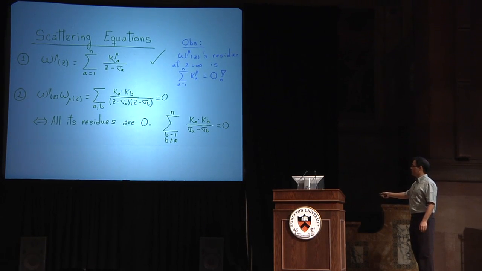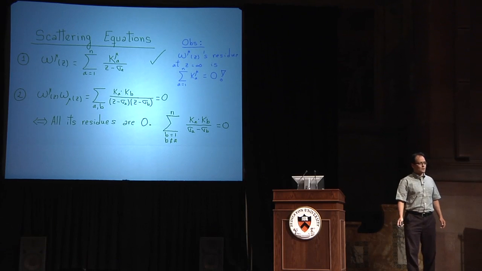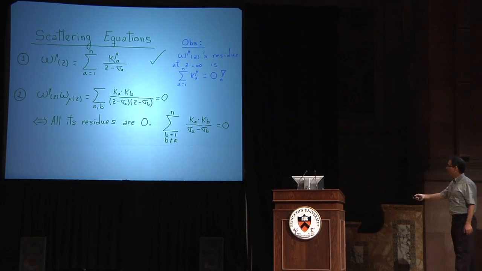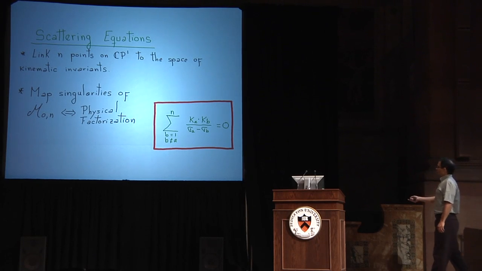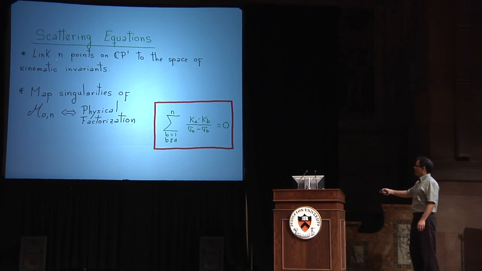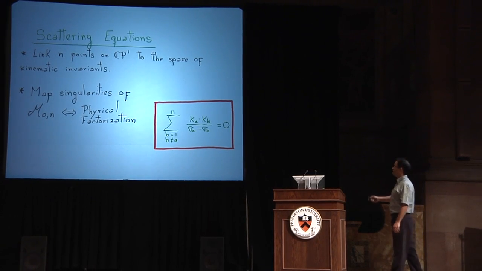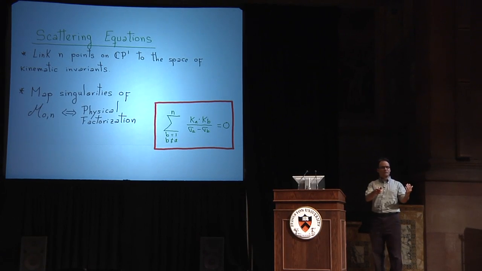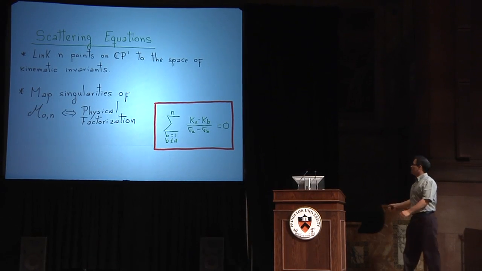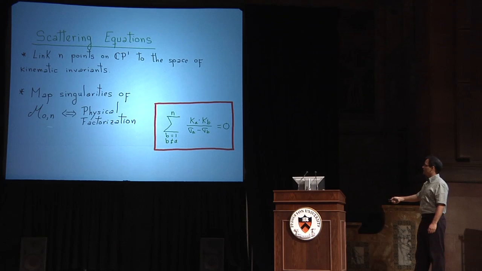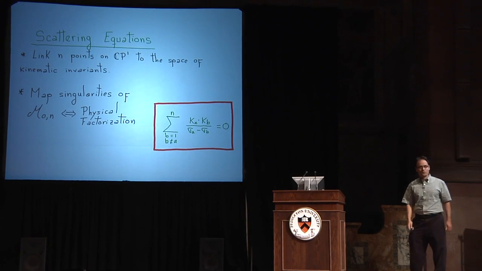And the constraint we have to impose is that the residues vanish for every possible pole. So these are the scattering equations, and they link points in CP1 to the space of kinematic invariants. And they nicely map all the singularities of the moduli space of Riemann surfaces of genus 0 to physical factorizations.